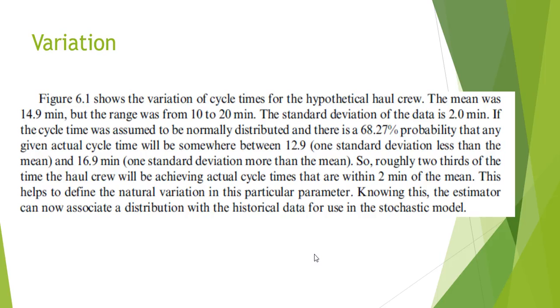You aren't going to have those cycle times every time being 12.9 minutes. They're going to vary. And if you know that there is a range, and the 68.27% gives you a probability of occurrence, you now can associate that with input data or projected data or even historic data, and you can use that in a simulation or a stochastic model.